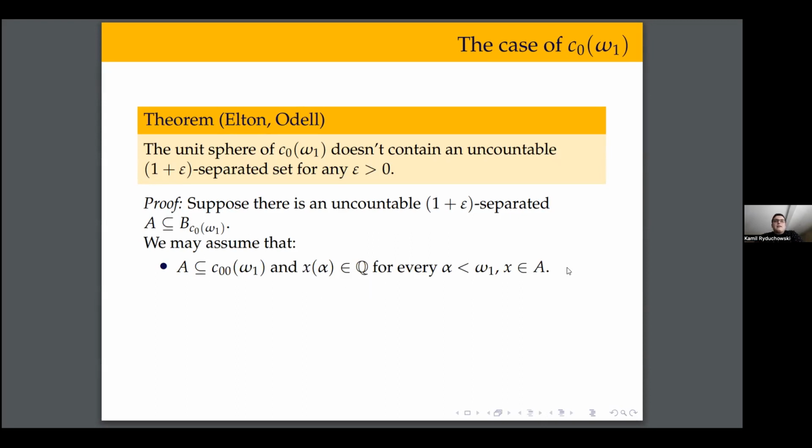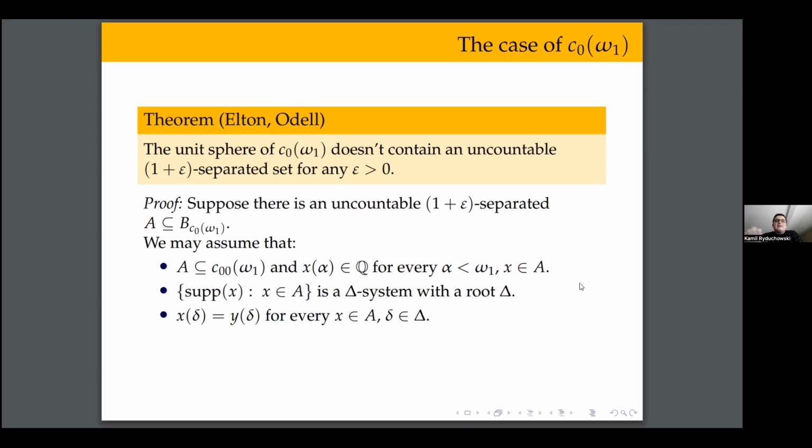Now, if we have this, then we may use the delta system lemma, and by passing to an uncountable subfamily, we may assume that the supports form a delta system. Now, since the x's from A have rational values, we may assume that on this finite subdelta, they all agree.